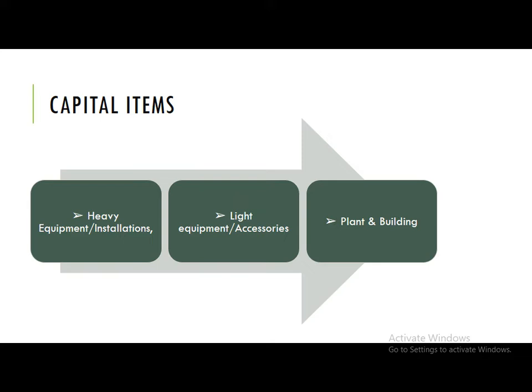Next is light equipment or accessories. Minor or light equipment is machinery used in an auxiliary capacity. Its unit price is lower than the major equipment, and most of the time it is capable of multiple uses. The cost of such minor equipment is charged to current expenses.